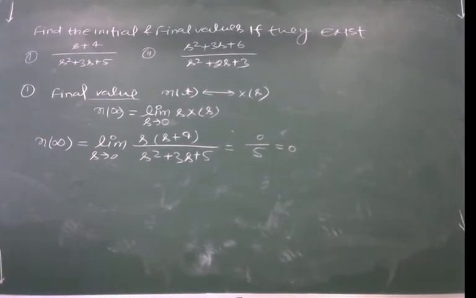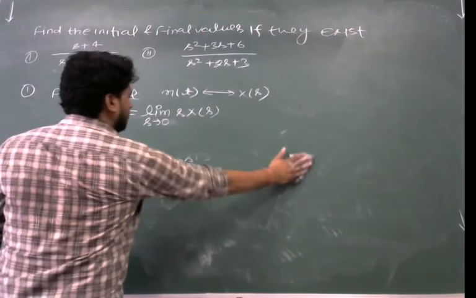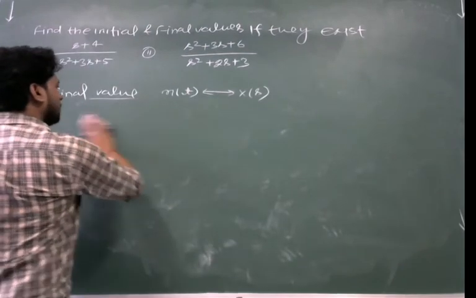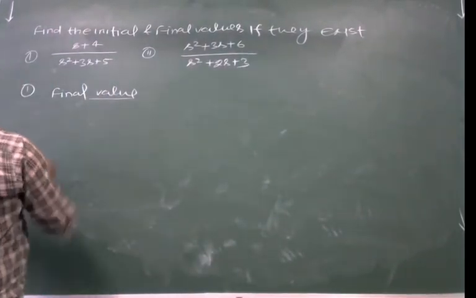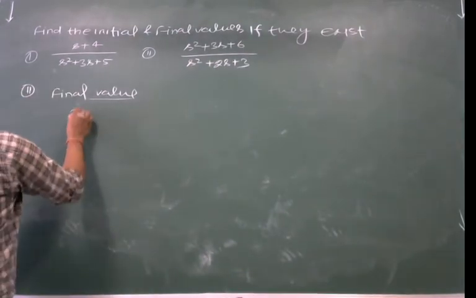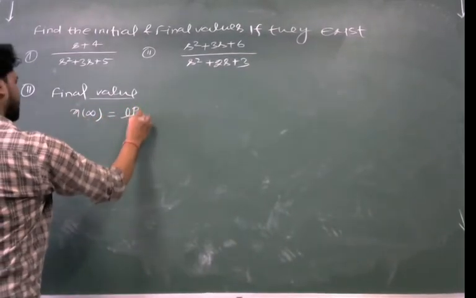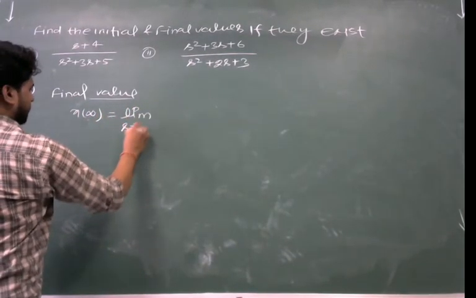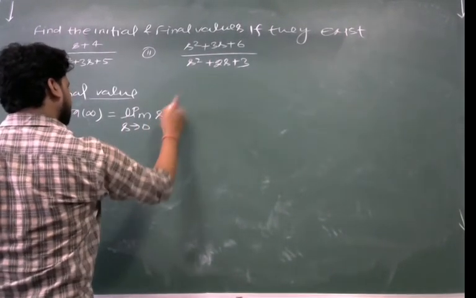Apply the same concept to get the final value in the second example. The final value means x of infinity will be equal to limit s tends to 0 of s times x of s.